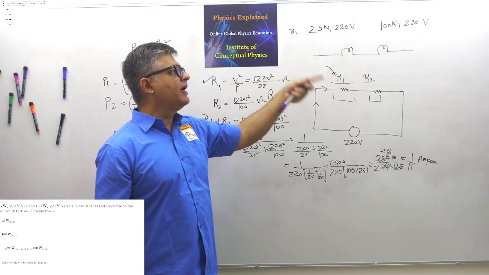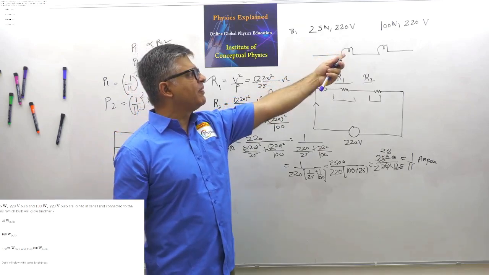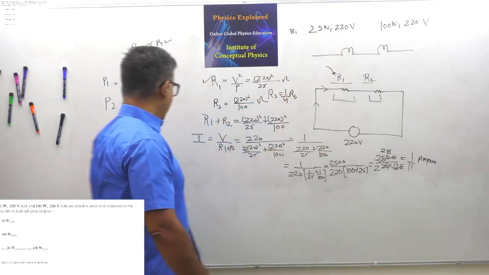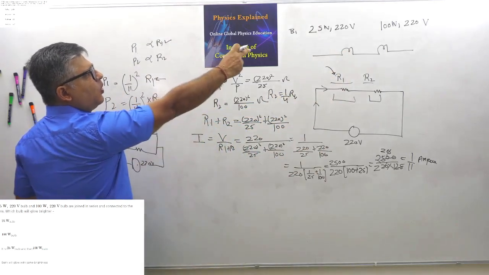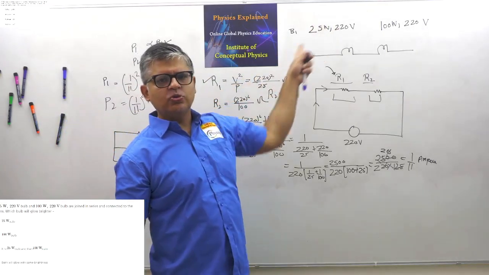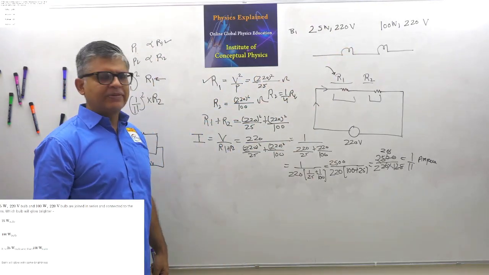The 100 watt will be brighter, for the simple reason that it is 100 watt and you have given it 220 volts in parallel. For equal voltages, which is 220 volts, the 100 watt will glow brighter, right?